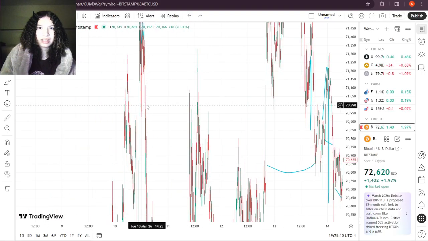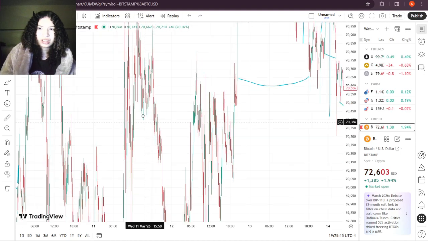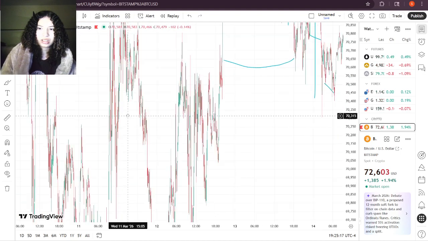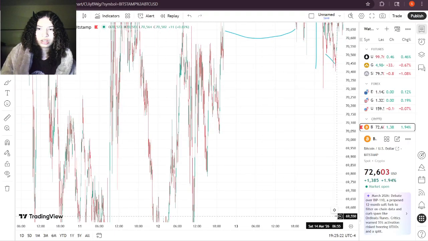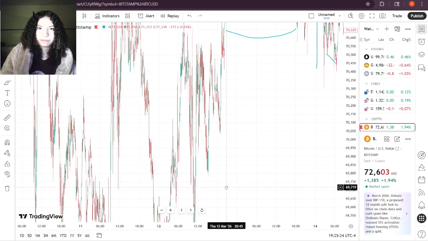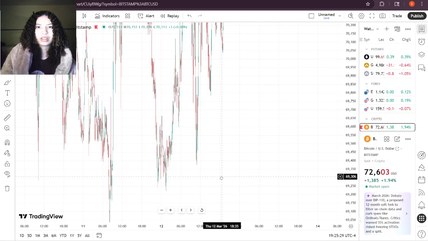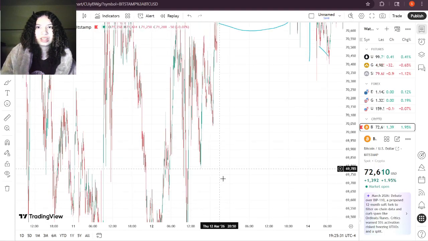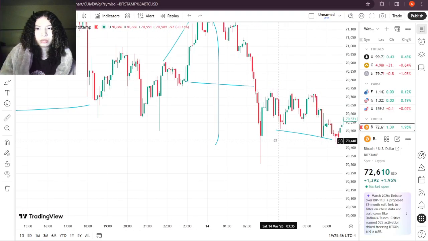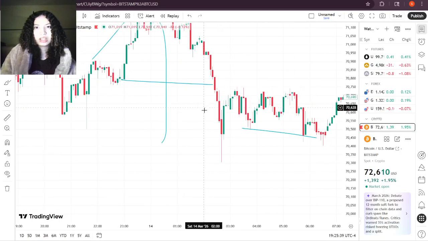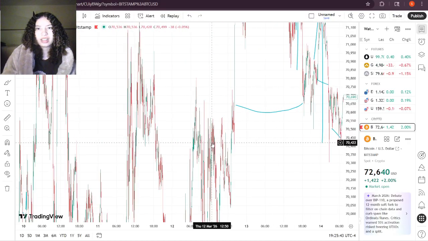We have this big spike, this big spike. So this looks like it's reflected. My goodness. This is kind of a tough one.